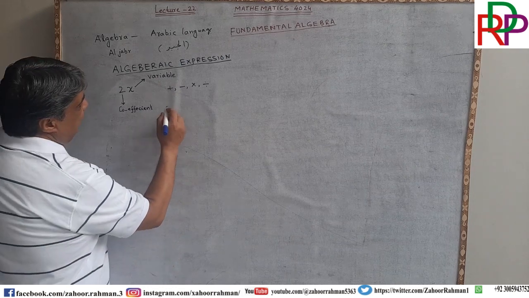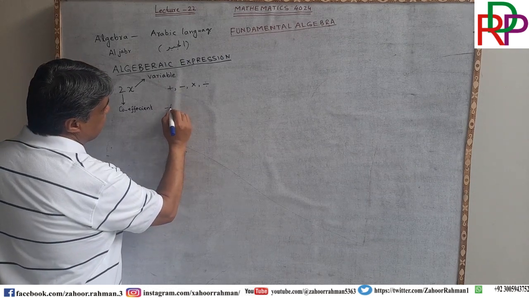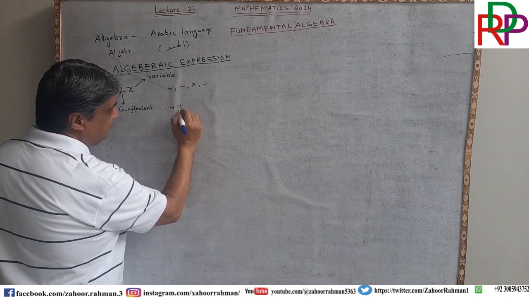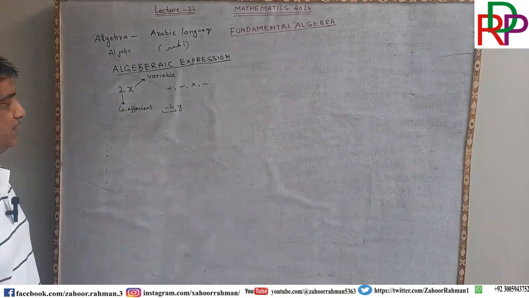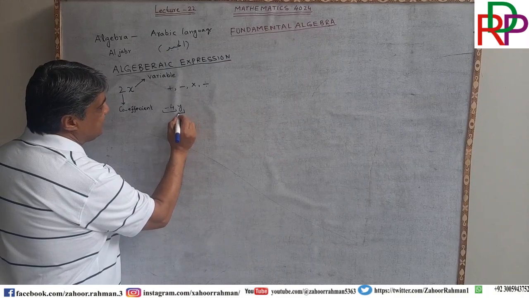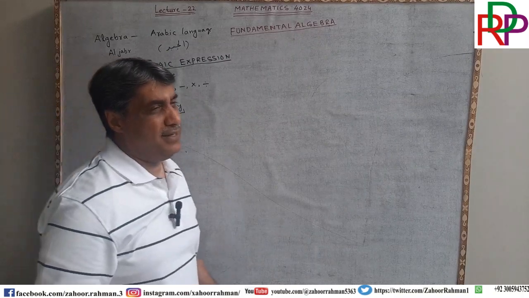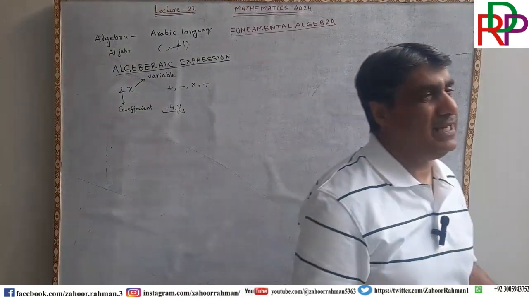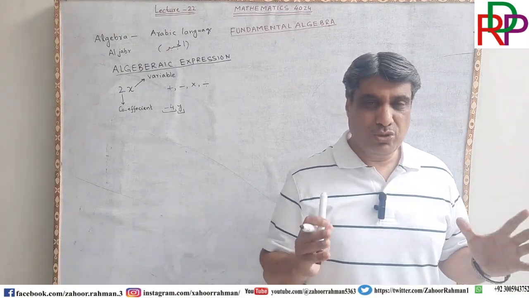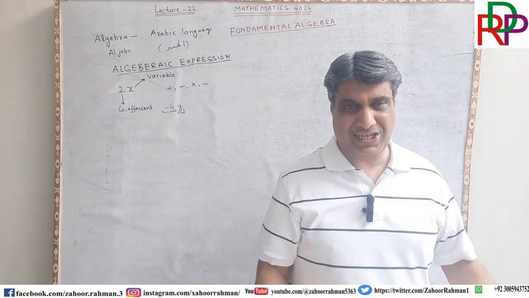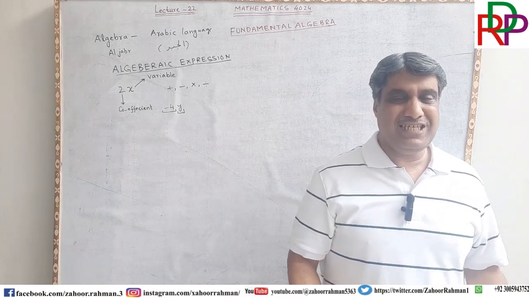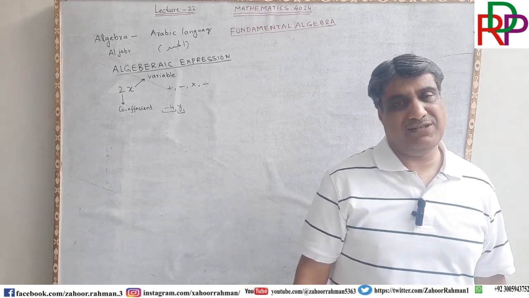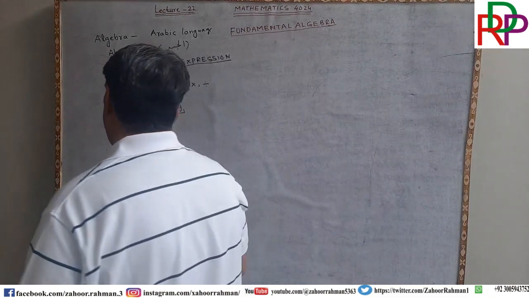If we are having minus 4y, then minus 4 is called the coefficient and y is called variable. Now what is variable? Variable is anything whose values can be changed during the solution of the algebraic expression.